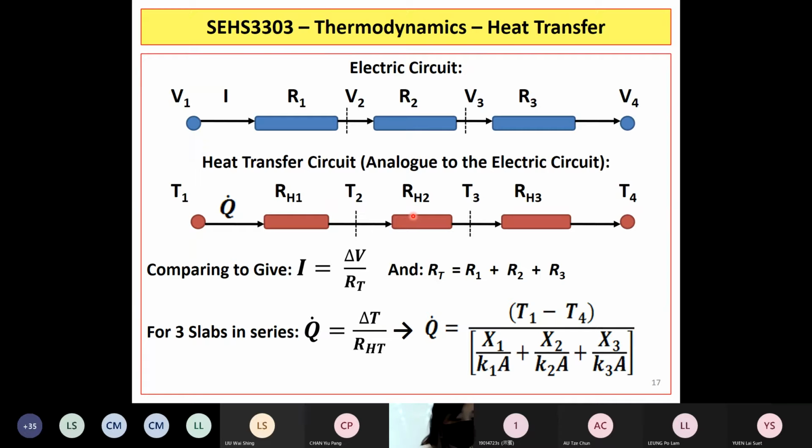So we can calculate this conductive heat transfer by Q dot equals the drop of temperature divided by the total thermal resistor. Total thermal resistor.